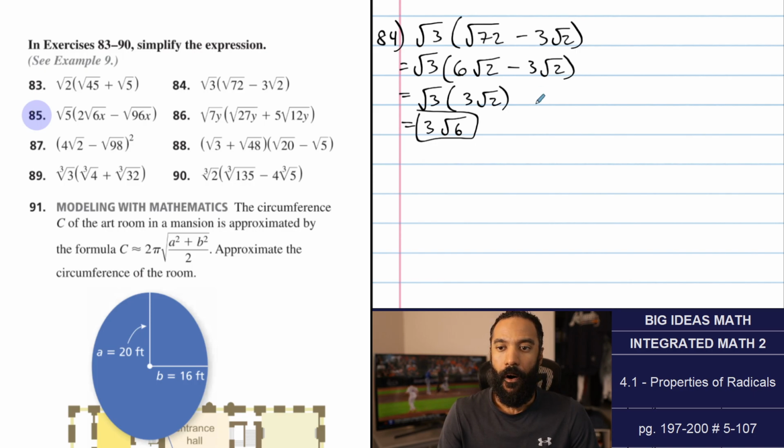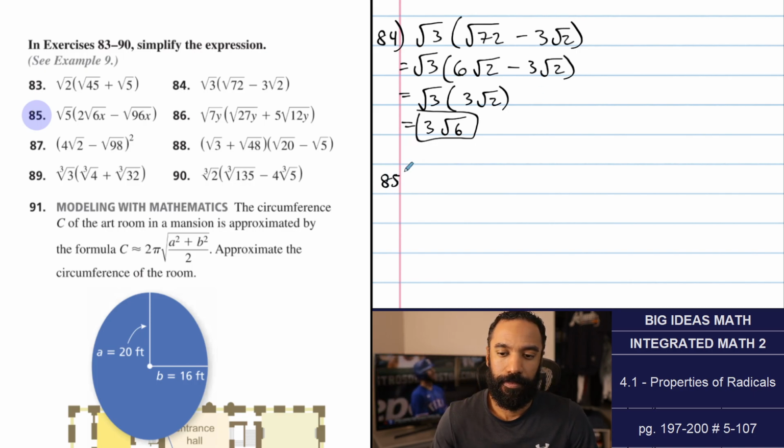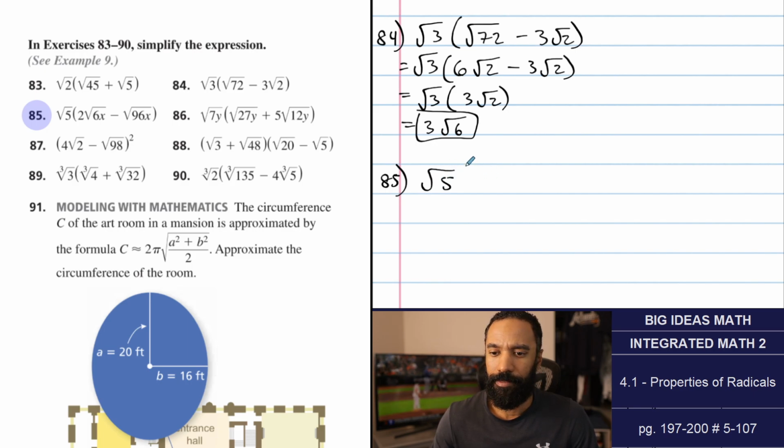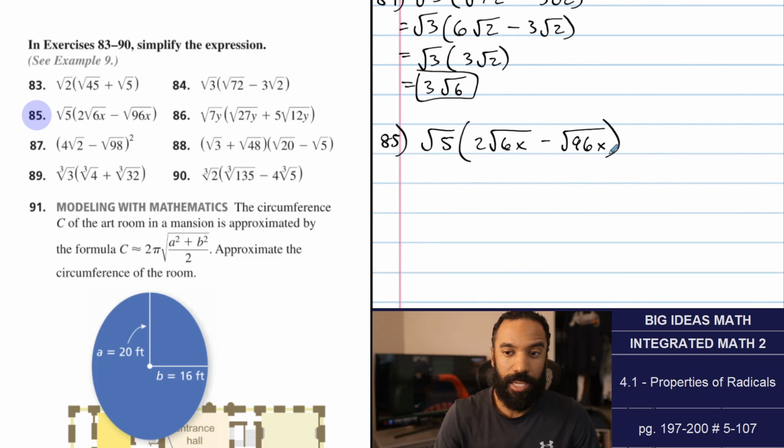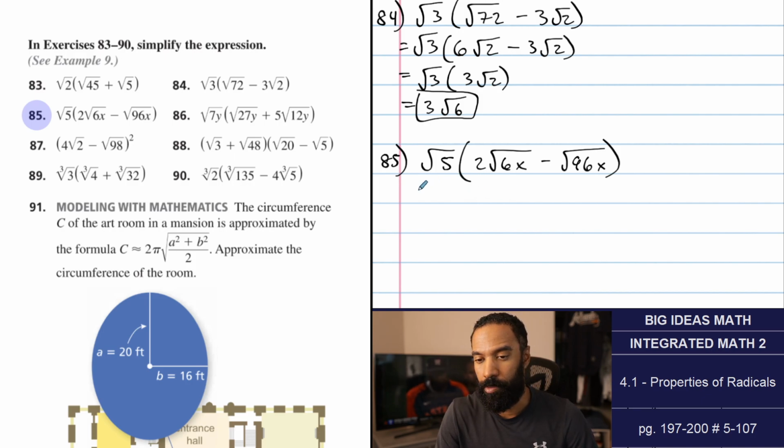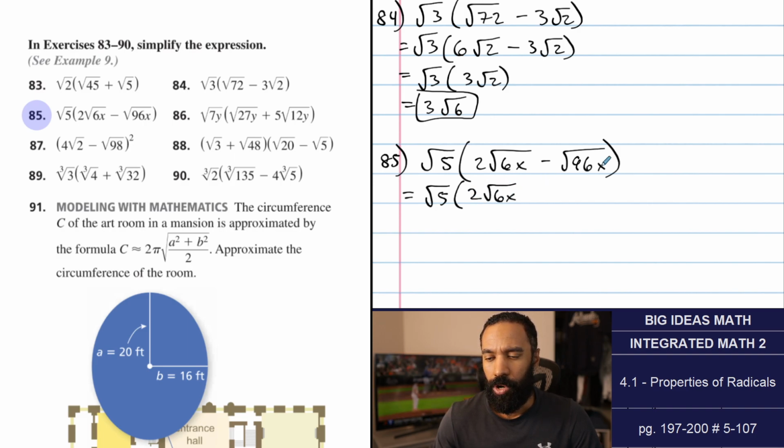All right, 85. Variables. So root 5 times 2 root 6x minus root 96x. And yes, these can still clean up on the inside. Oh well, if they're going to keep cleaning up on the inside, then you reap what you sow. So 2 root 6x is all good. Root 96.